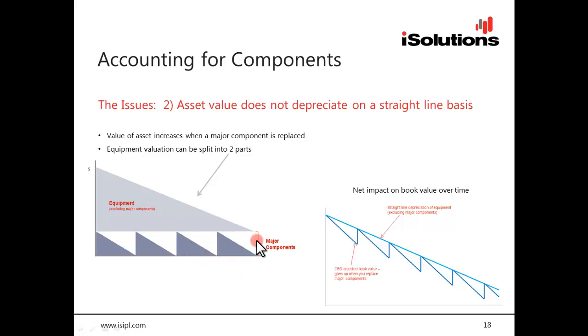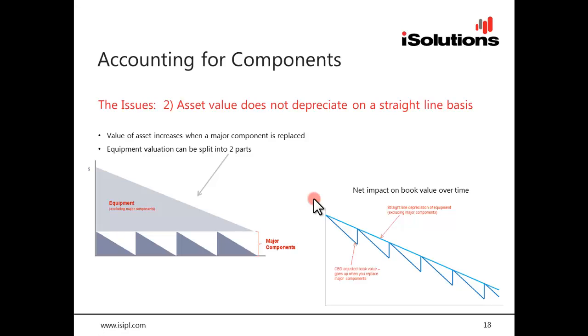So you could really separate your major components from your equipment. And the net result of that, if you added these 2 asset valuations together, would be this darker blue line, which is zigzagging, where you are depreciating your engine. At this point, you put a new engine in, the value of your asset goes up. And you come down, you put another engine in, the value goes up again. So that's more of a realistic market valuation for your assets.